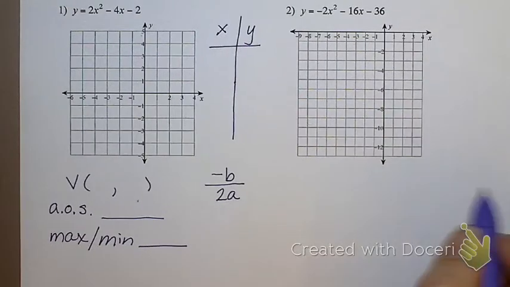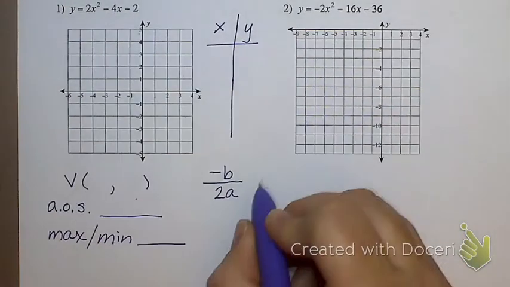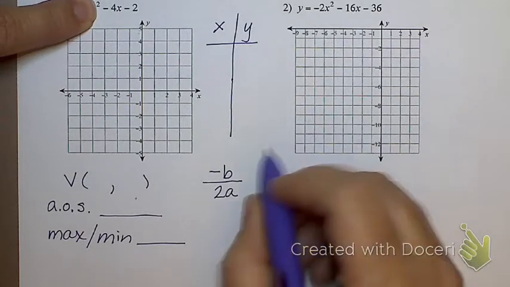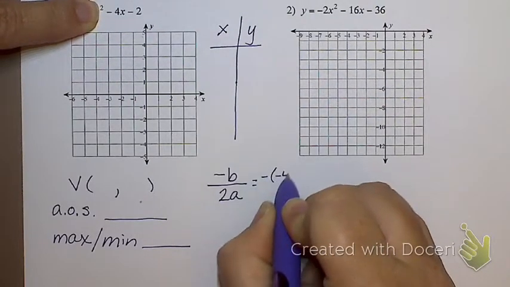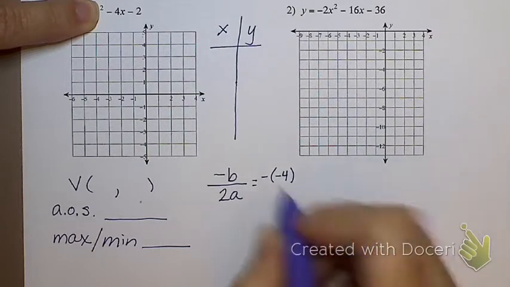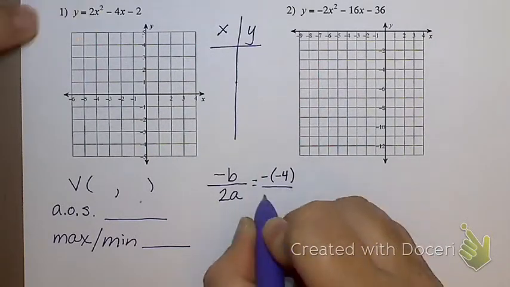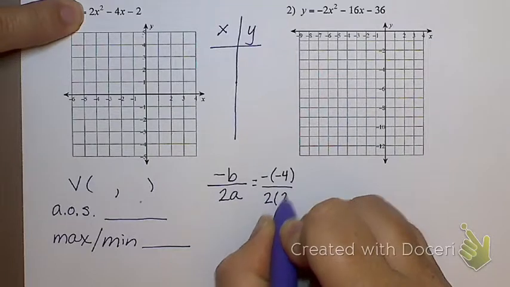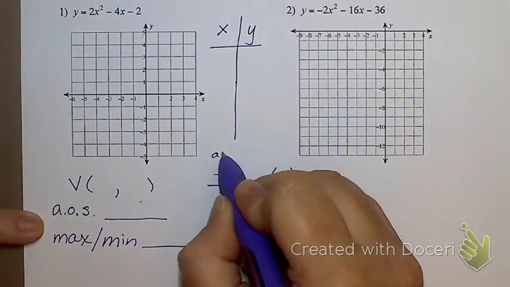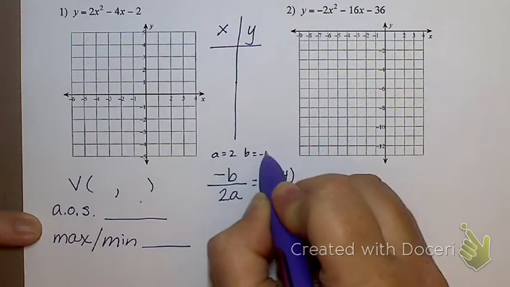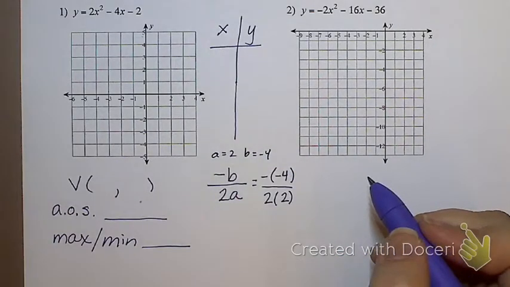So, let's look at the equation. If I do negative b over 2a, that means I have negative 4, that's going to turn into a positive 4, right? Over 2 times a, which is 2. Yes? Because a is 2, b is negative 4. We don't need c for this.